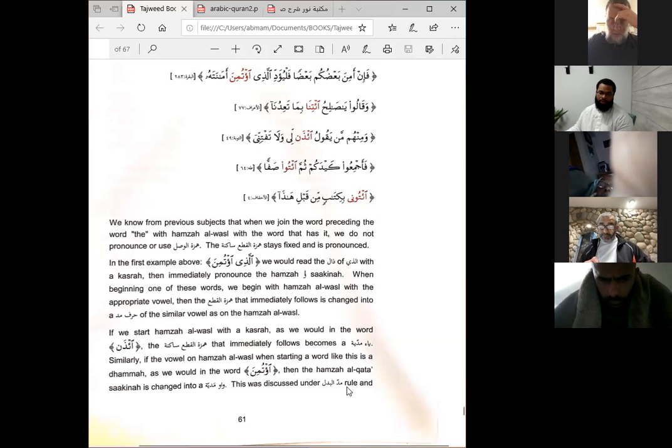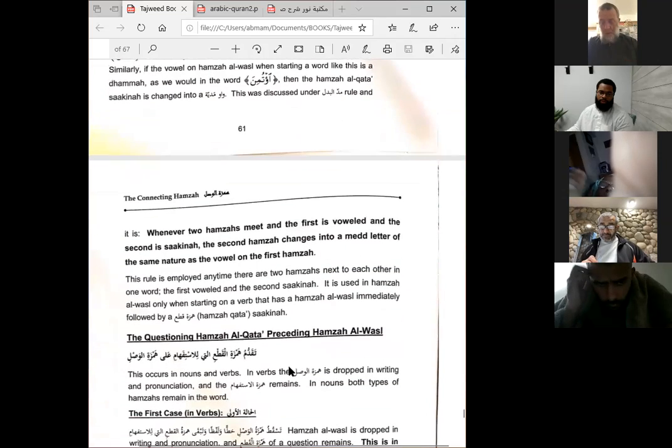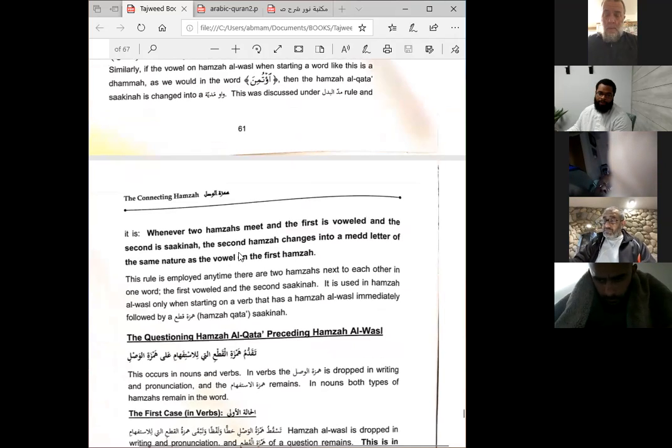This is discussed under the mad al-badal rule, and it is whenever two hamzas meet and the first is voweled and the second is sakina, the second hamza changes into a mad letter of the same nature as the vowel on the first hamza.